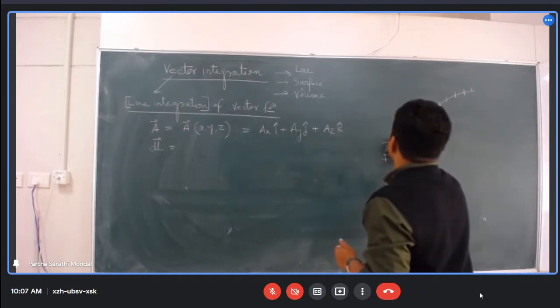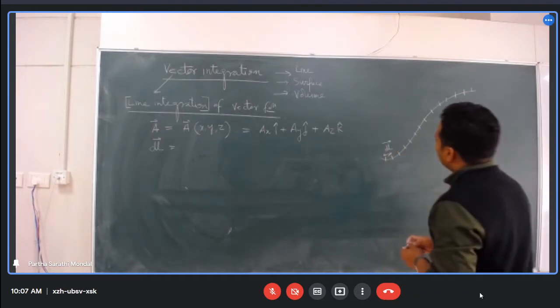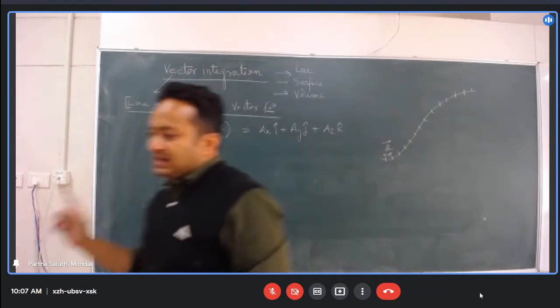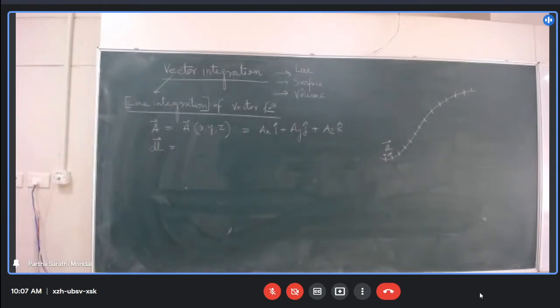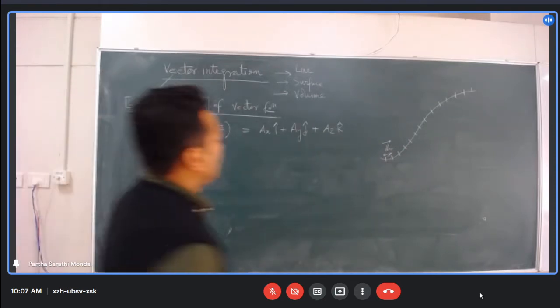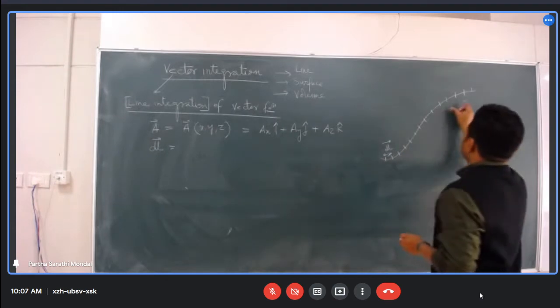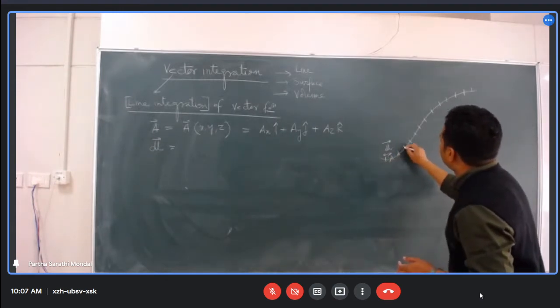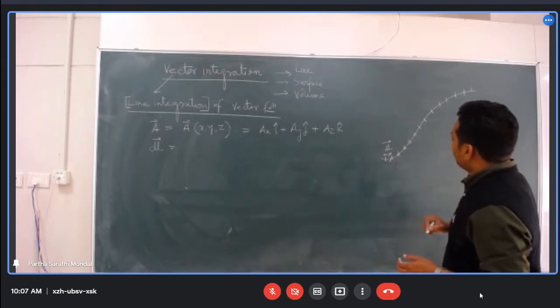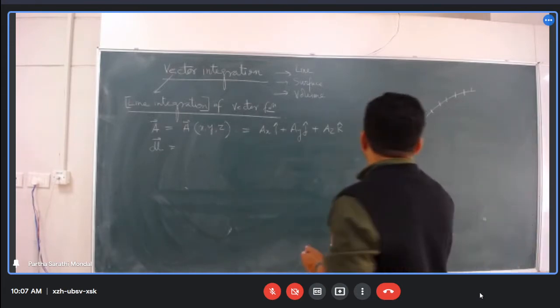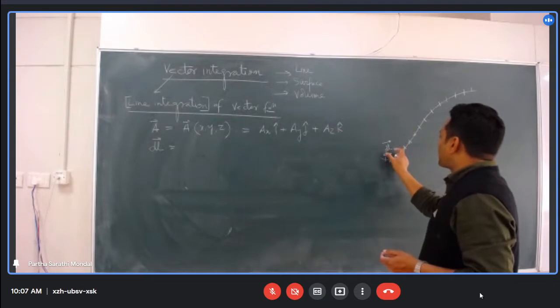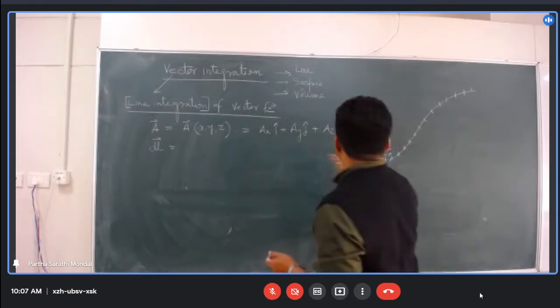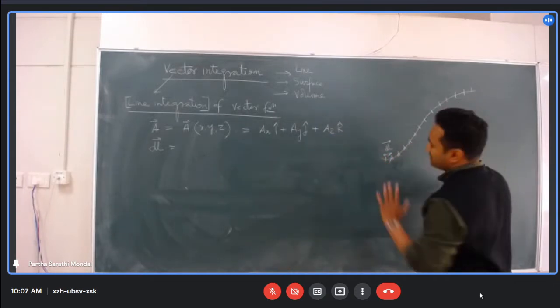It's a vector quantity. Although dl has the same separation in each segment, its direction is changing at each point. So what we have to do is take the dot product of dl and A at each point.